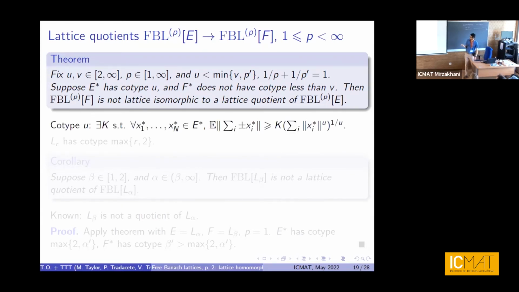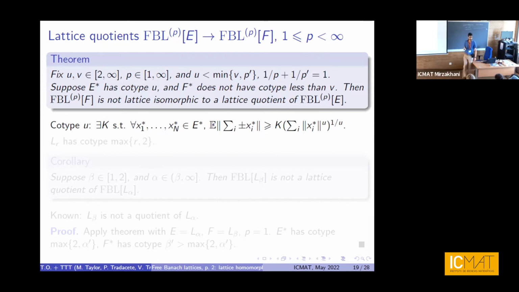First of all, let me remind you what it means to have cotype u. It means that for any n-tuple of elements of E star, the expected value of their sums with plus minus signs is greater or equal than this quantity on the right. On the left, instead of the expected value of their sum, you could have taken the expected value of the p-th power and then the p-th root.